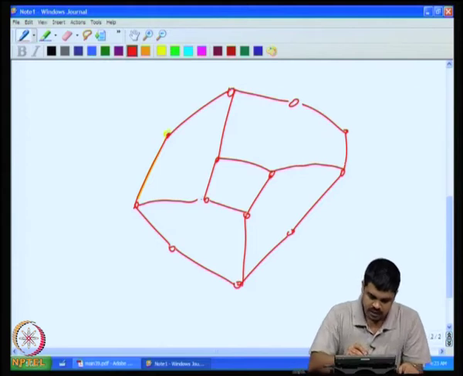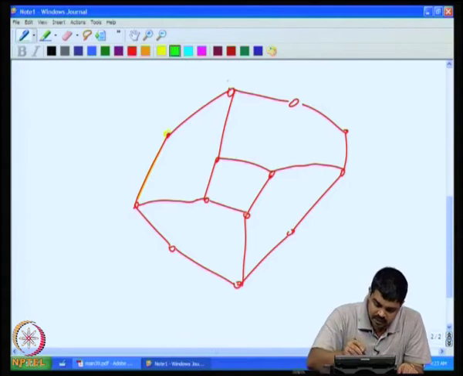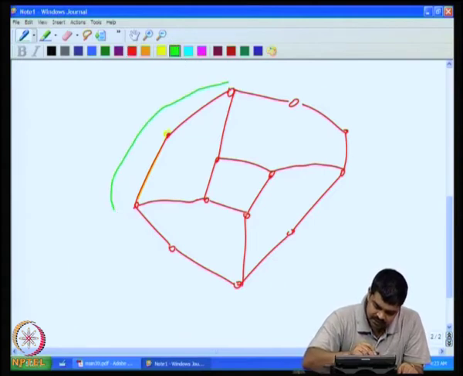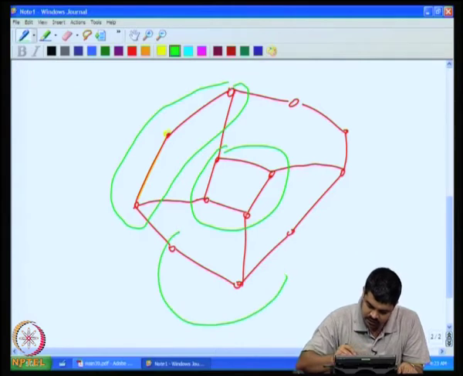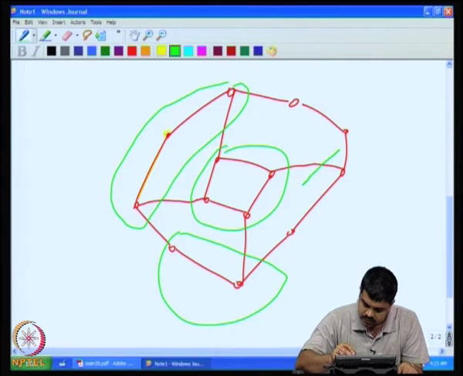Let us identify some collection of connected vertex sets. This is one collection, this is another collection, and this is another collection, and this is another collection.